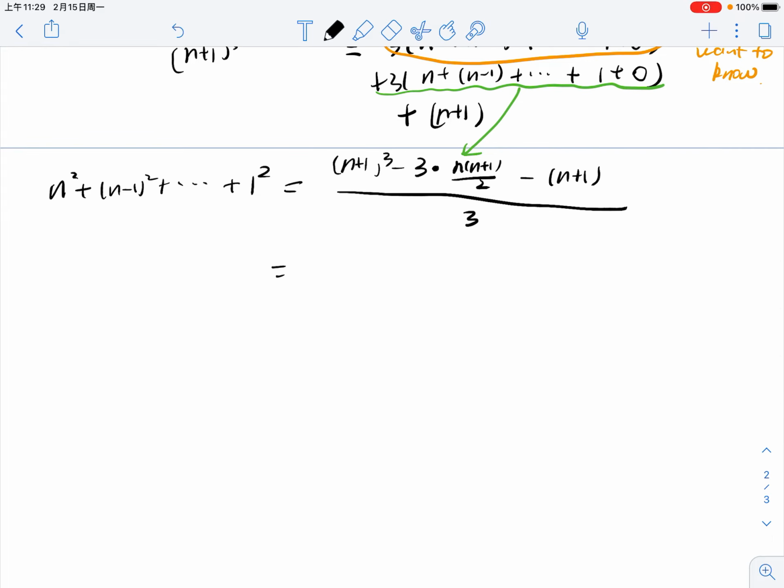And then if you simplify it, you have n times (n plus 1) times (2n plus 1) divided by 6.